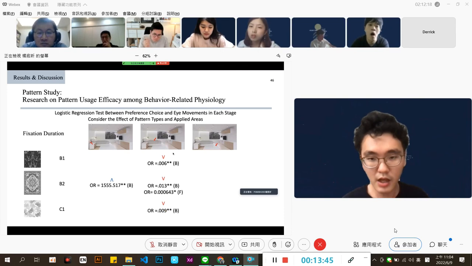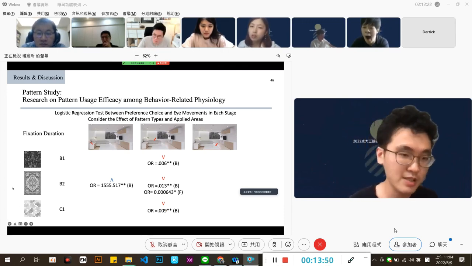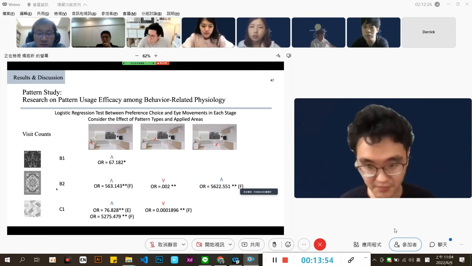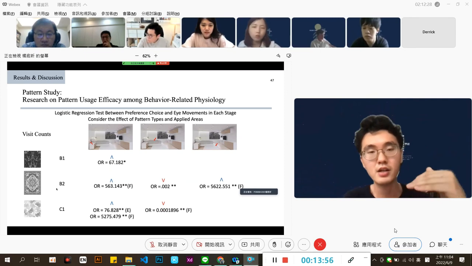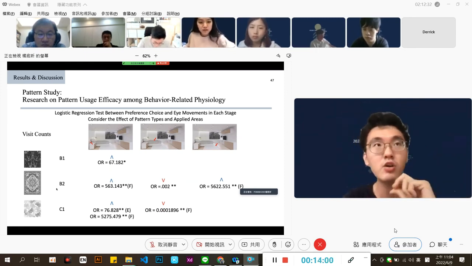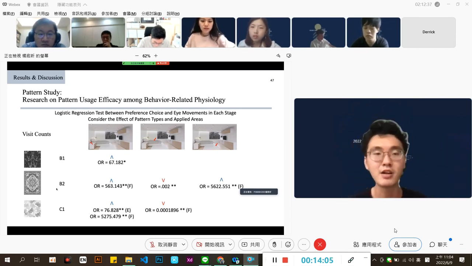But when there are symmetrical attributes inside patterns, it is possible to raise the pattern application ratio inside the total appearance to about 7% to 10%, and it can surely be higher.